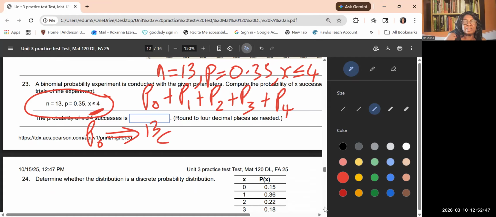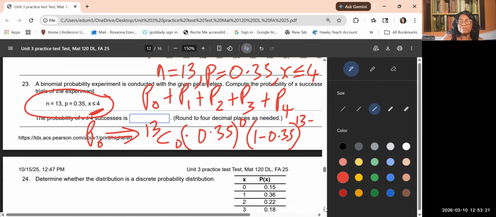So 13 combination 0, multiplied by success to power 0, 0.35 to power 0, and multiplied by failure to power 13 minus 0. By the way, failure is 1 minus 0.35, which is the same thing as 0.65.